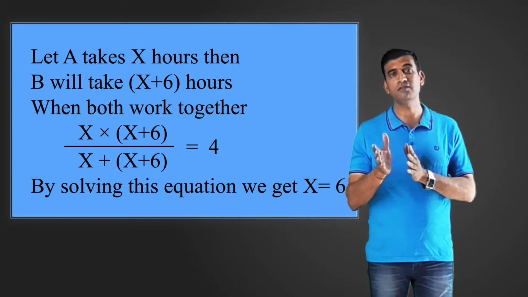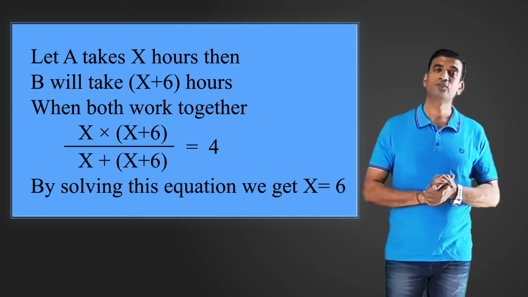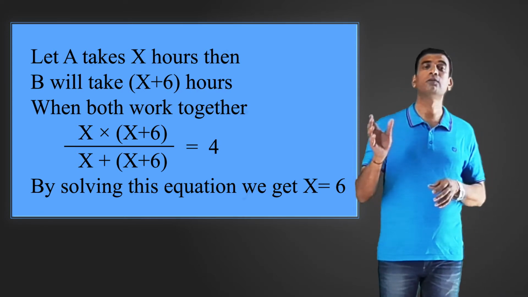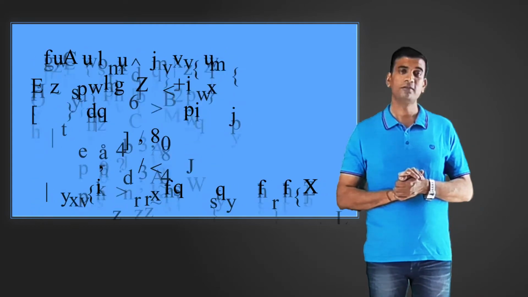And here x is the filling time of A. So if you solve it, x equals 6 hours. Now, this LCM method can be applied where the individual capacity is given. If it is not given, you can take an unknown variable as x.